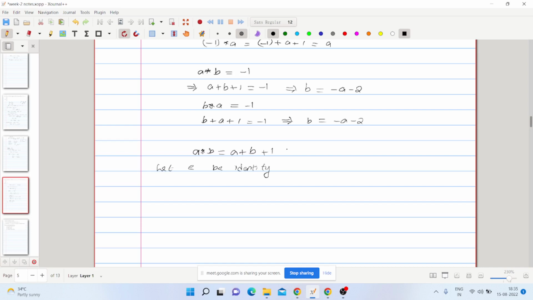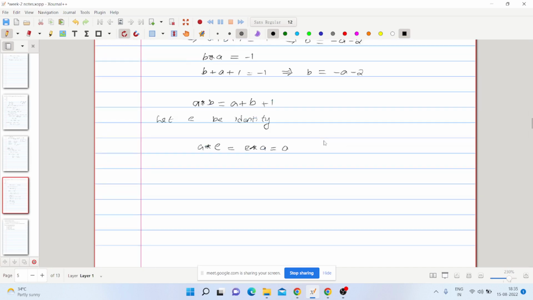We need A star E equal to E star A equals A, right? What is A star E? A plus E plus 1. What is E star A? E plus A plus 1.